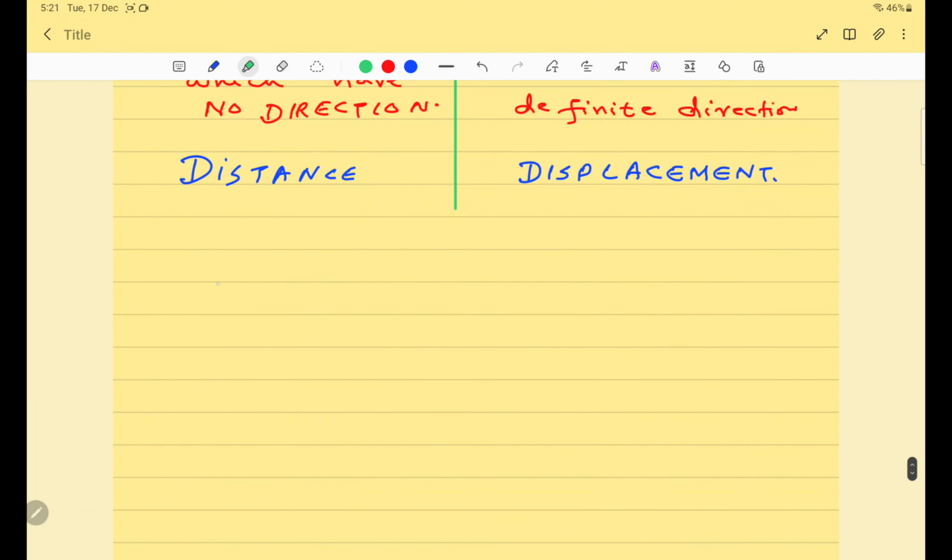Consider a car is moving 60 kilometers in this direction from point A to point B, and then the car moves back, and now the car has reached this point C, and from B to C it has covered 40 kilometers.